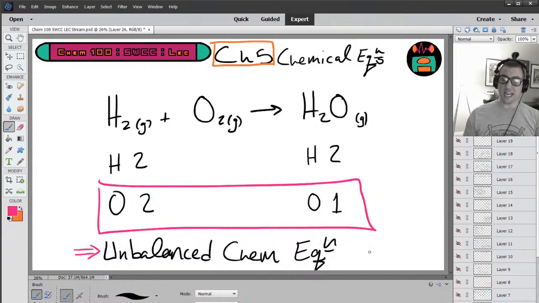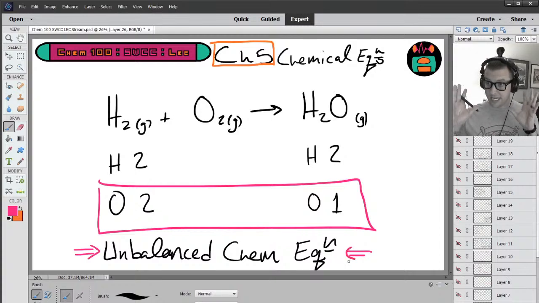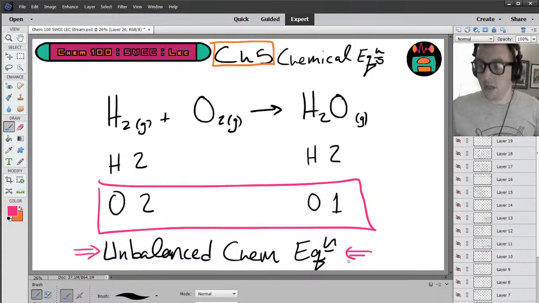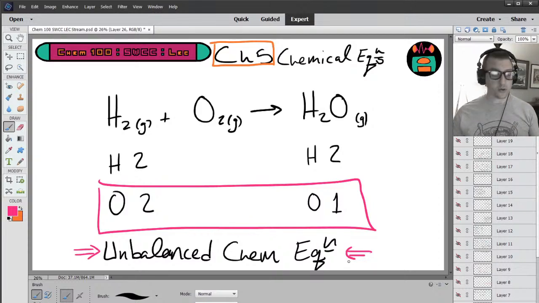In this class, in any chemistry class, you're never allowed to use unbalanced chemical equations because they violate the law of mass conservation, that matter is not created or destroyed. So it is up to you, and it is up to me, to balance these equations, to make sure that the number of atoms on the reactant side is equal to the number of atoms on the product side. Now, how can we do that?